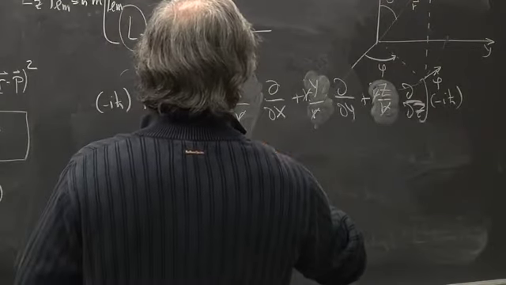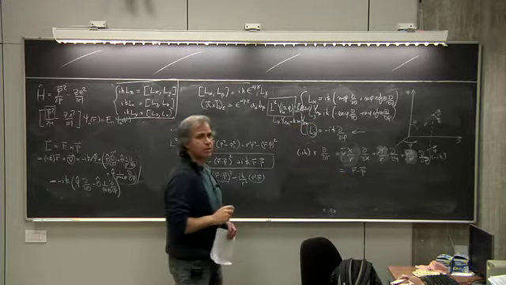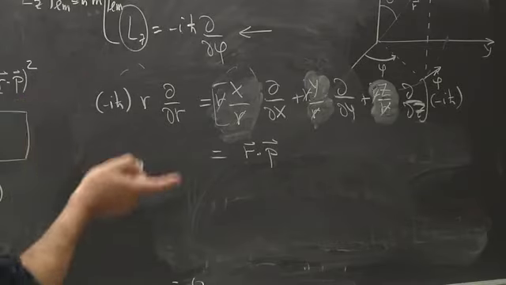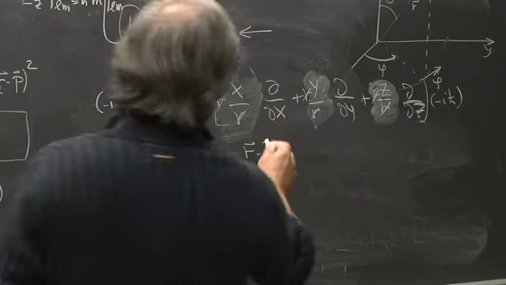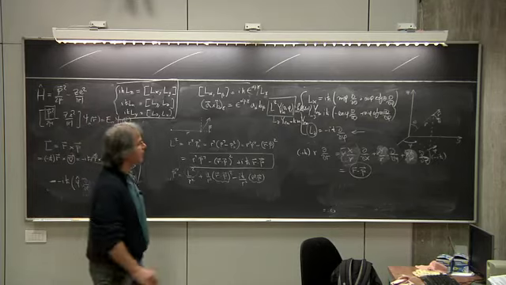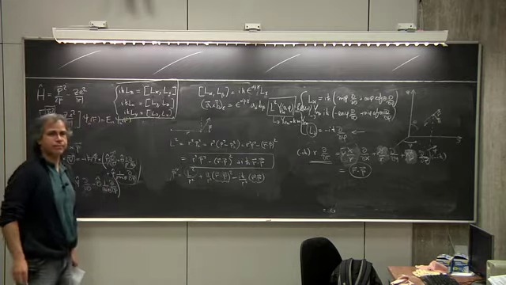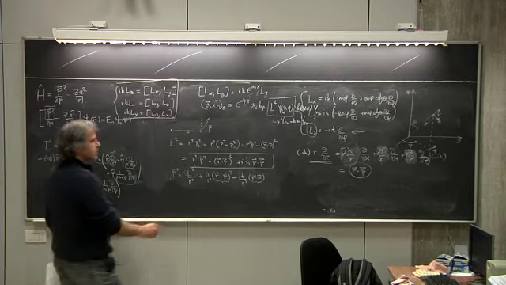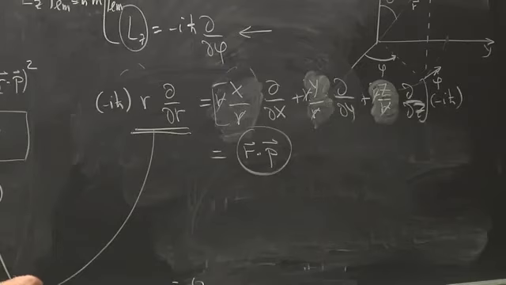You can immediately recognize that this is just a scalar product of R and P, x px plus y py plus z pz. So R dot P does not contain any theta and any phi. It's just a simple radial derivative. So this is what appears there and there.